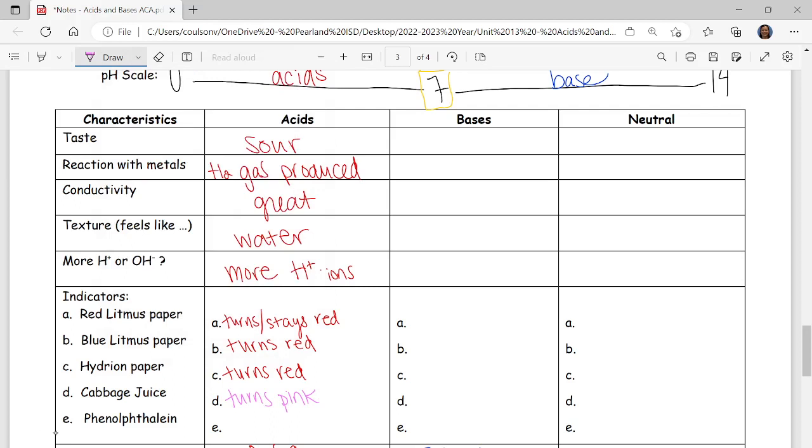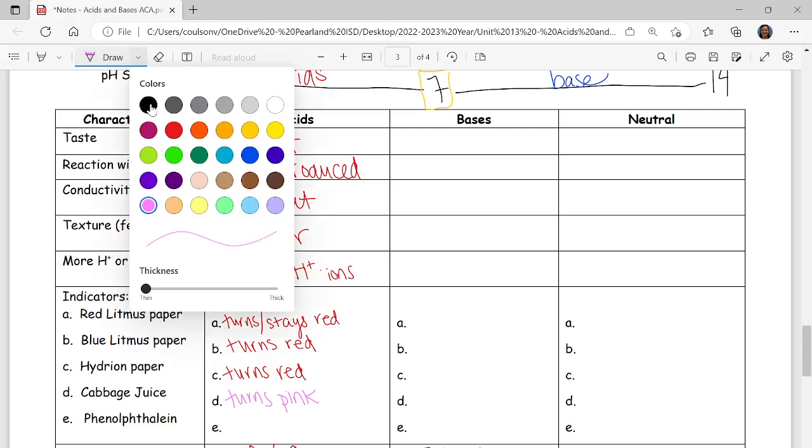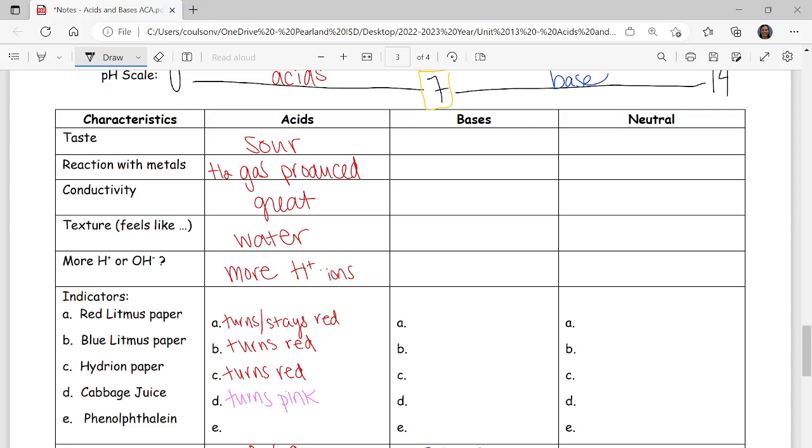And then phenolphthalein, this last one, is an indicator, but only for bases. So I'm going to write that down.